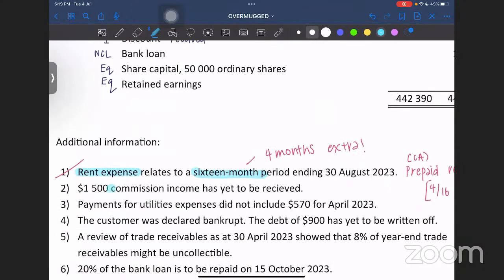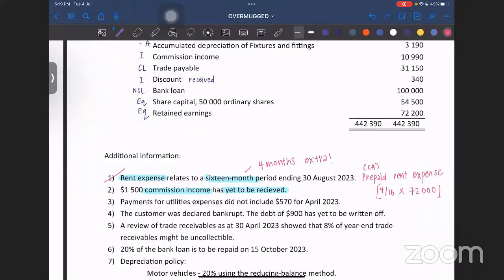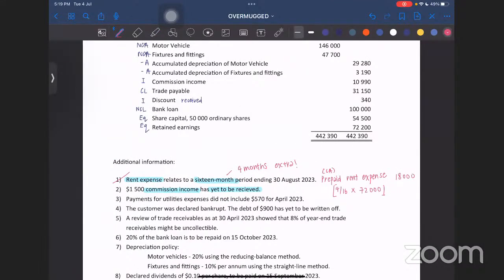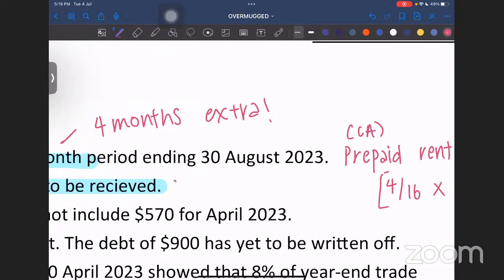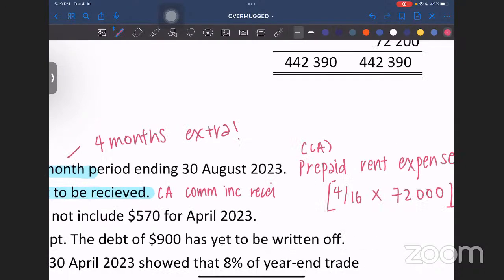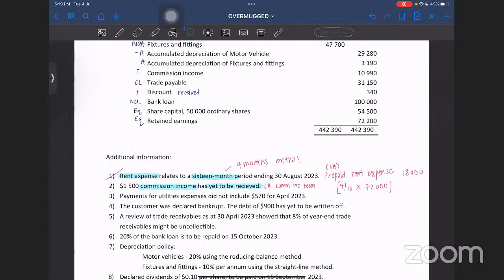Next, commission income yet to be received. So what do you call income that you haven't yet received? Commission income receivable. Okay, so for here, they straight away just say already, so not much calculation to do. So I will just create a CA, commission income receivable. Oh, very cramped. I'll shift it down here.